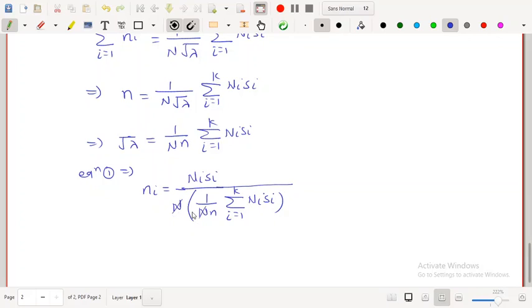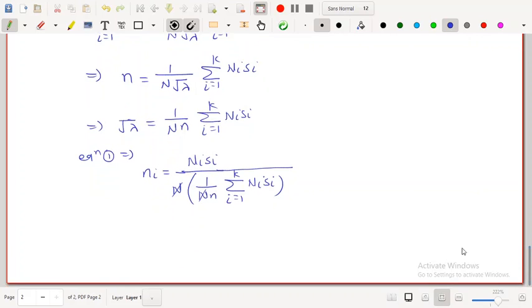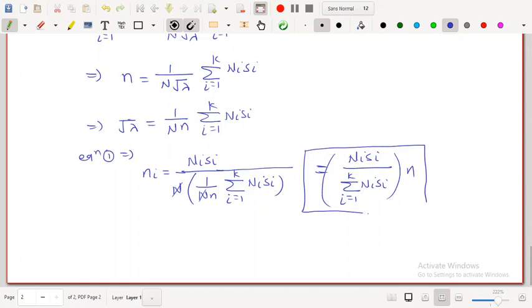Here capital N will get cancelled, and rewriting it, this will be ni equal to n multiplied by Ni Si upon summation i equal to 1 to k Ni Si. So this is the expression for small ni in Neyman's allocation.